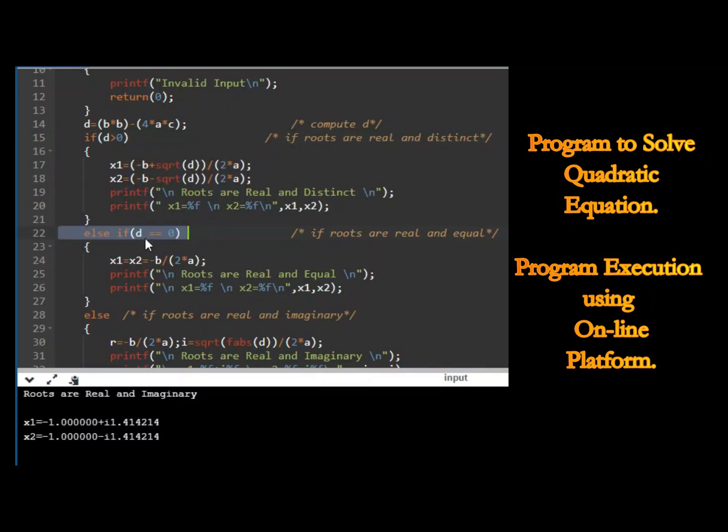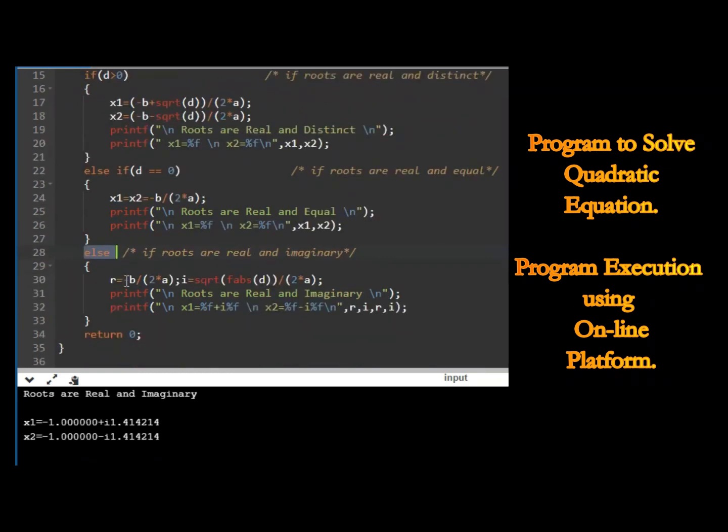In line number 22, it verifies one more condition, d is equal to 0. If this condition is true, then it will calculate x1 and x2 is equal to minus b divided by 2a. This is the condition that is real and equal. If this condition is false, it will skip line number 23 to 27 and move to the else statement.